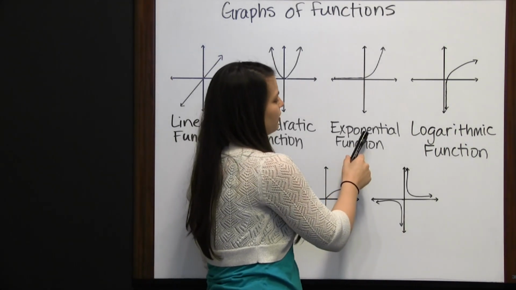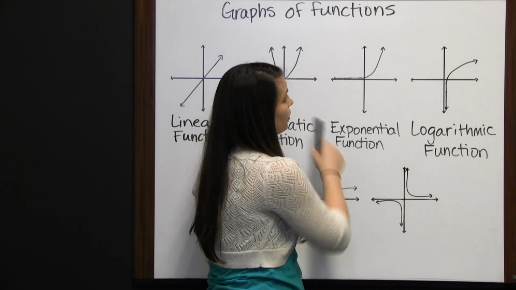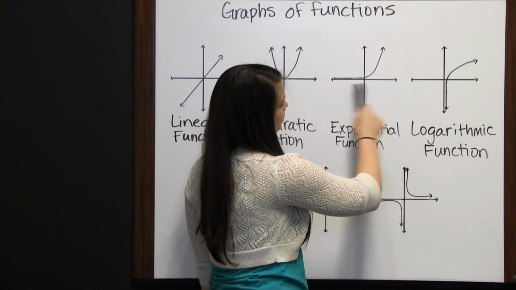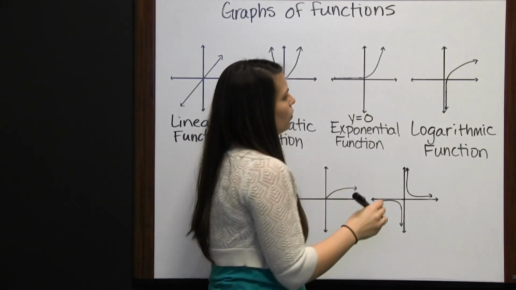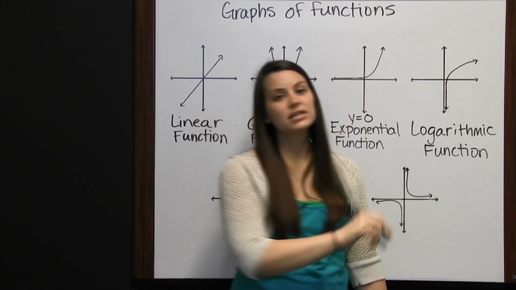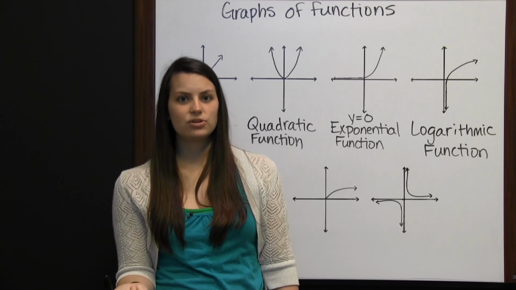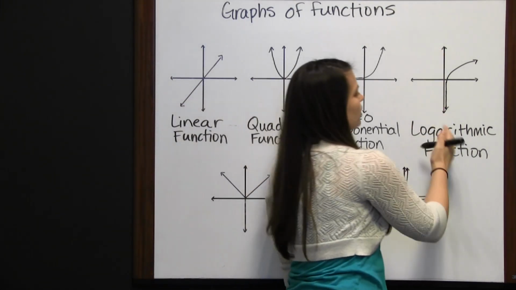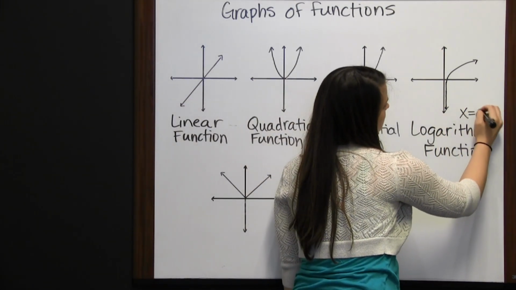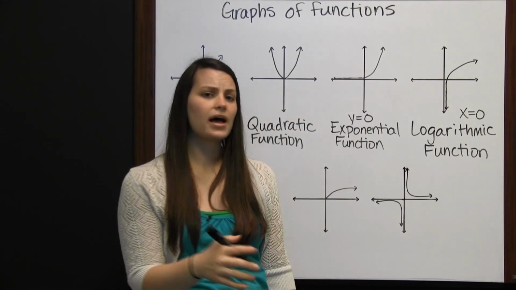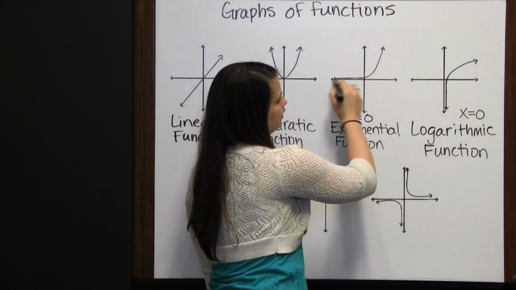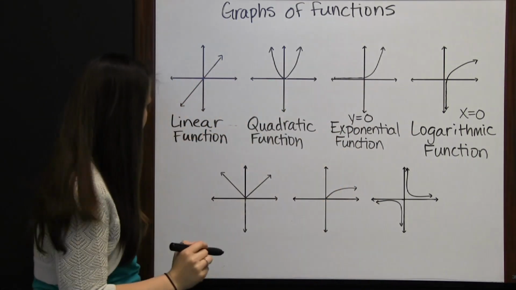An exponential function has a horizontal asymptote of y equals 0, while a logarithmic function, since it's the inverse of an exponential function, has a vertical asymptote of x equals 0. And an asymptote is just a line that the graph is approaching but doesn't cross.